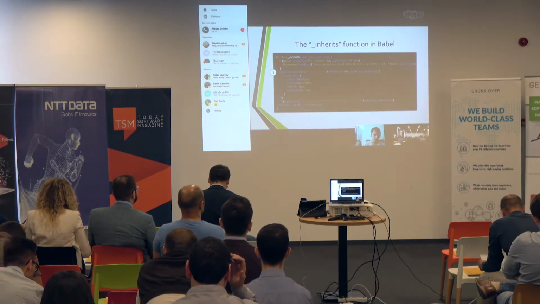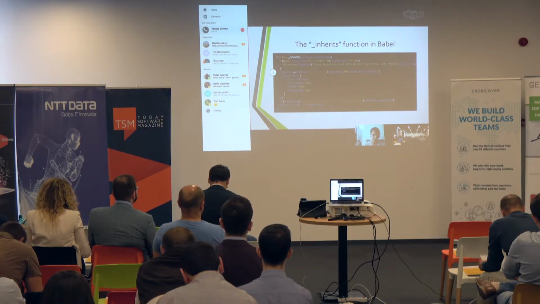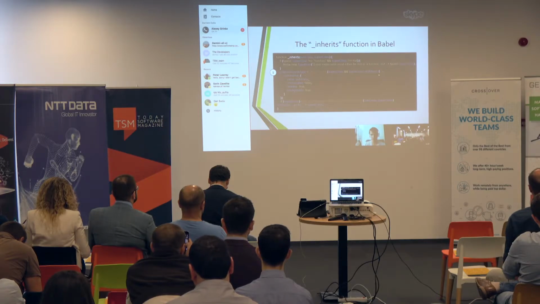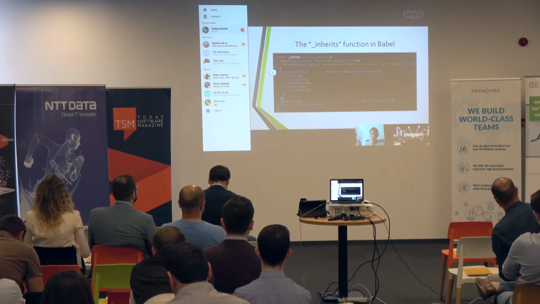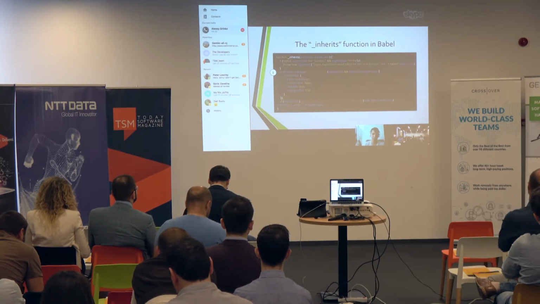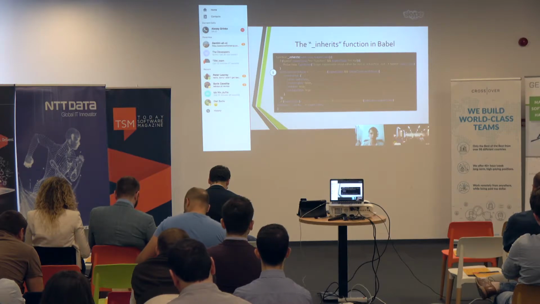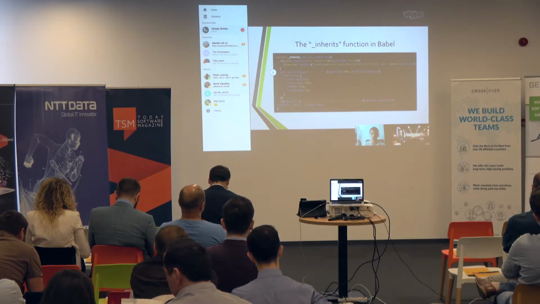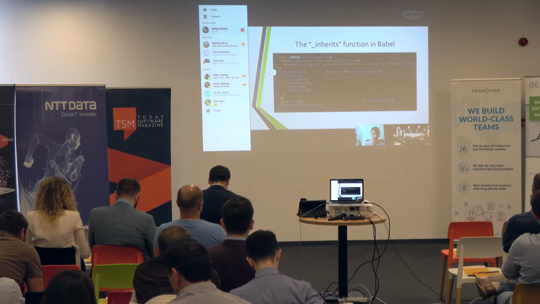First important thing is this. The prototype property of subclass gets equal to an empty object whose prototype is superclass's prototype. By the way, I assume that you are familiar with the basics of JavaScript and prototyping here. But even if you are not, I think this presentation might be useful for you to get the general picture of inheritance in this language.